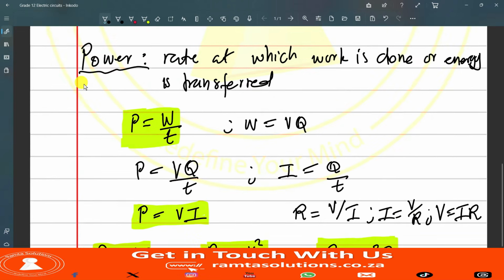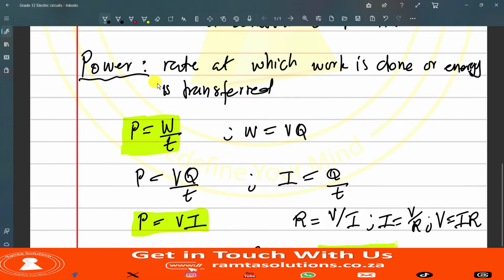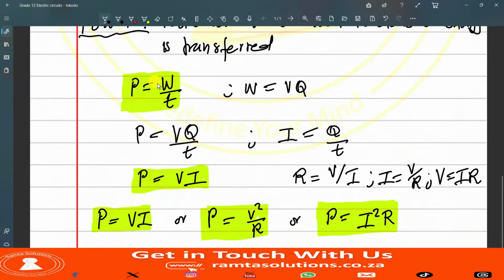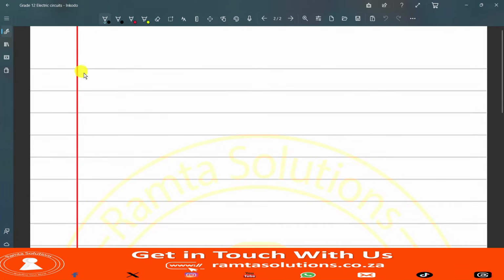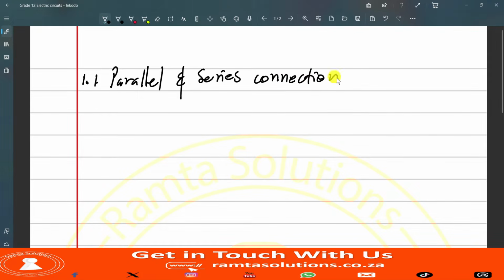Now, we're still under revision. So we're now going to, let me call it 1.1, talk about parallel and series connections. Or parallel and series resistors, it's your choice.